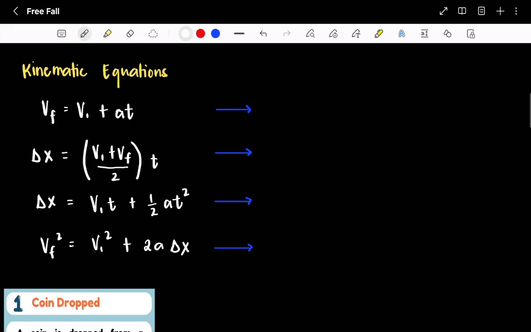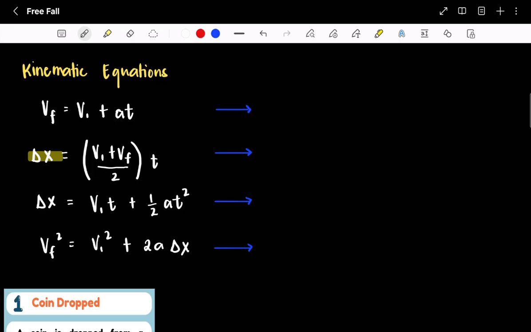There is also delta x, which is for the horizontal distance. Now, we will be tweaking or changing a few variables in the kinematic equation so that they align with the free-falling motion. So, for example, let's have the first kinematic equation. Vf is equal to Vi plus at.